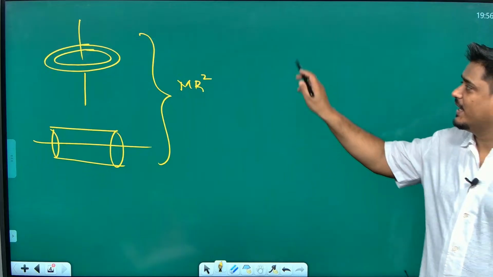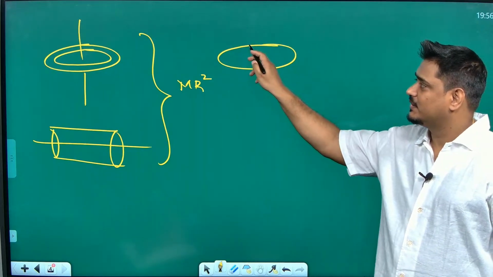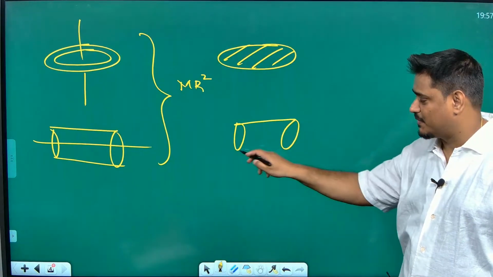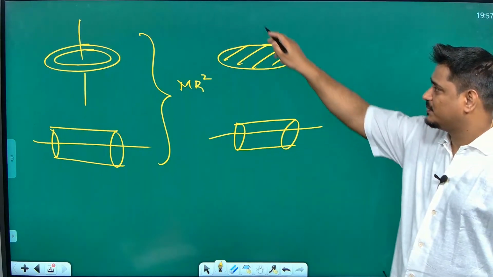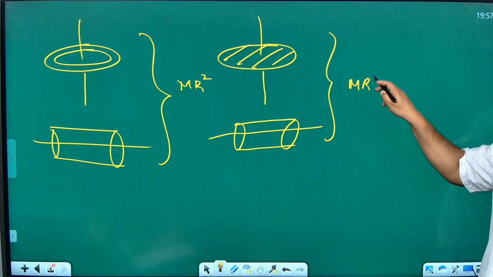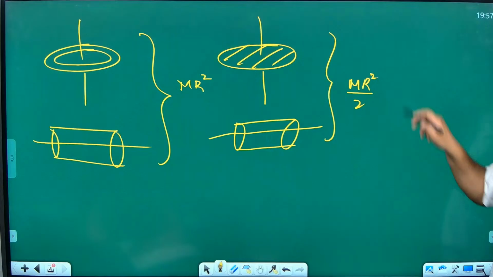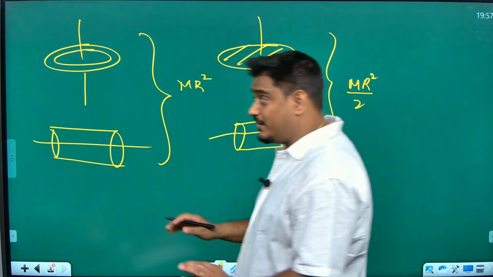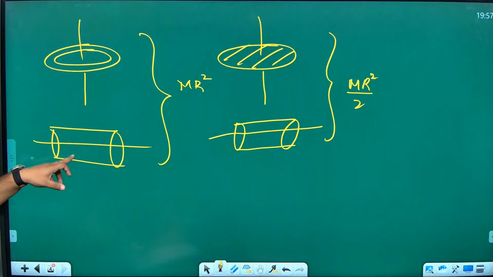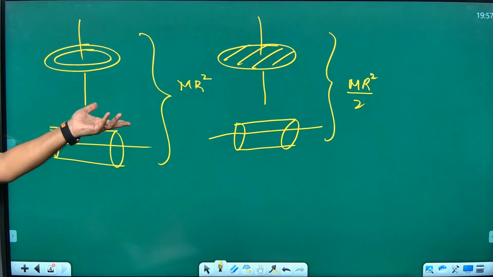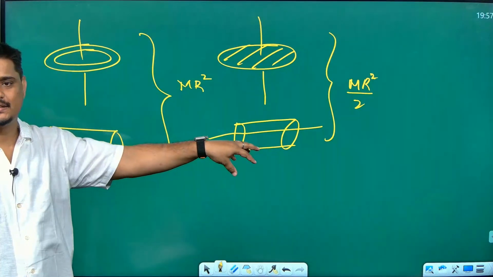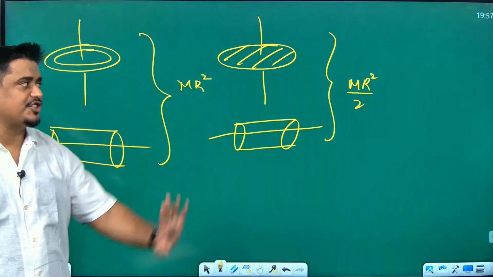Same way, if I am having a disc and a solid cylinder, then how much is the moment of inertia? MR square by 2. So you can remember that if something is hollow, this is also a hollow disc only, this is also a hollow cylinder only, it becomes MR square, and if it is solid, that is disc or cylinder, the moment of inertia is MR square by 2.